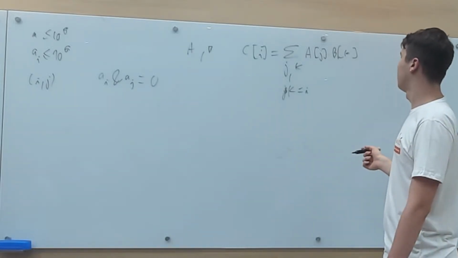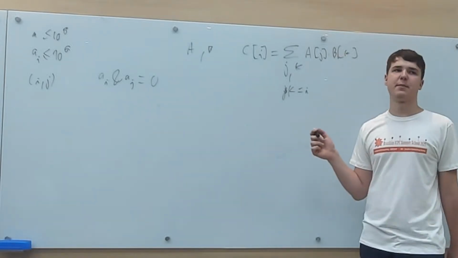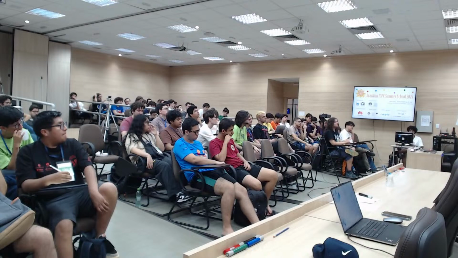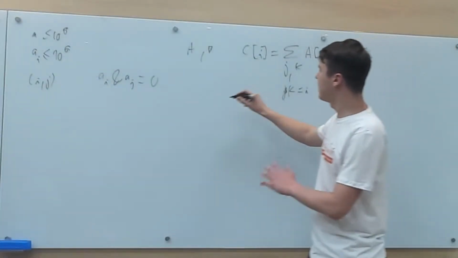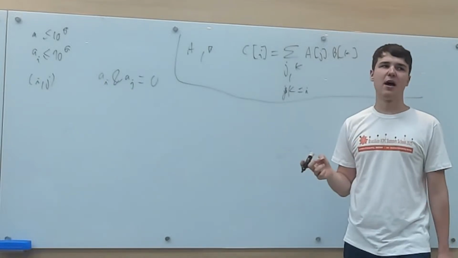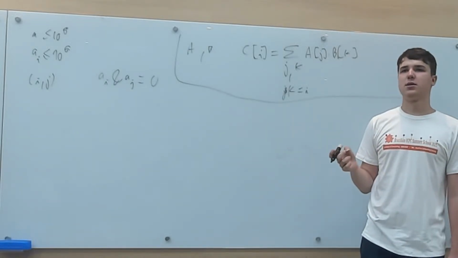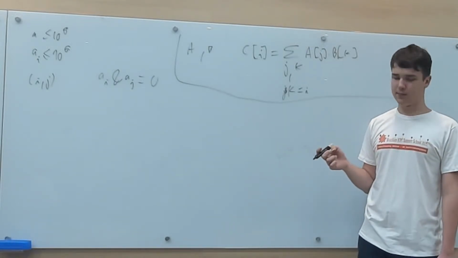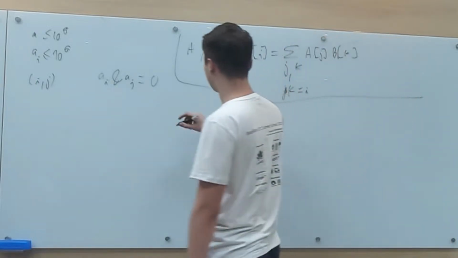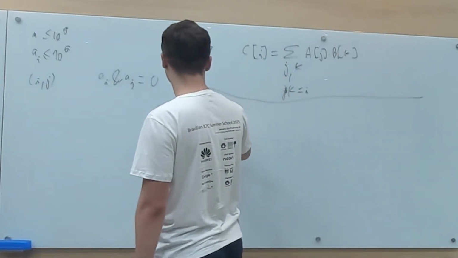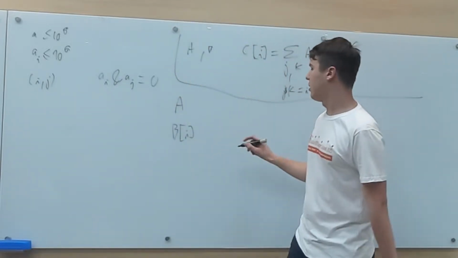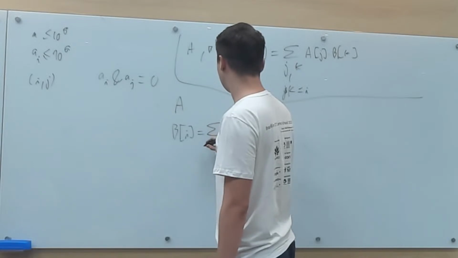Okay, so whoever heard about sum over subsets DP? Okay, so I'm gonna explain. Let's forget about this problem for a moment. Now, we have some array A, and we want to calculate B such that B_i is the sum over all j's that are submasks of i.